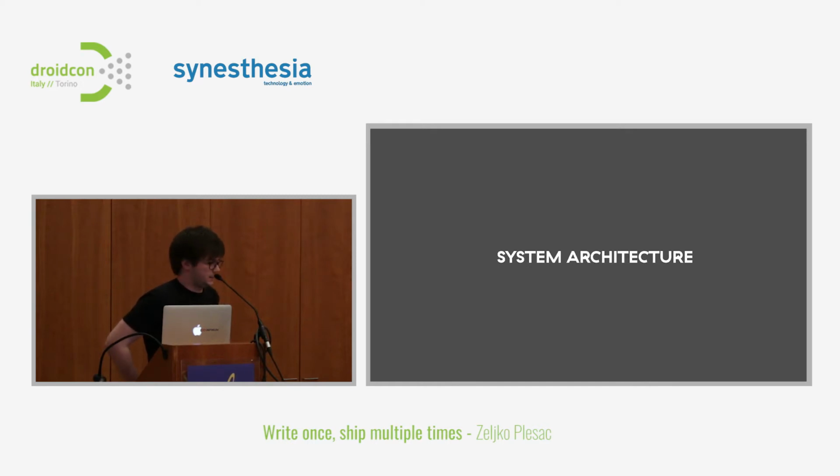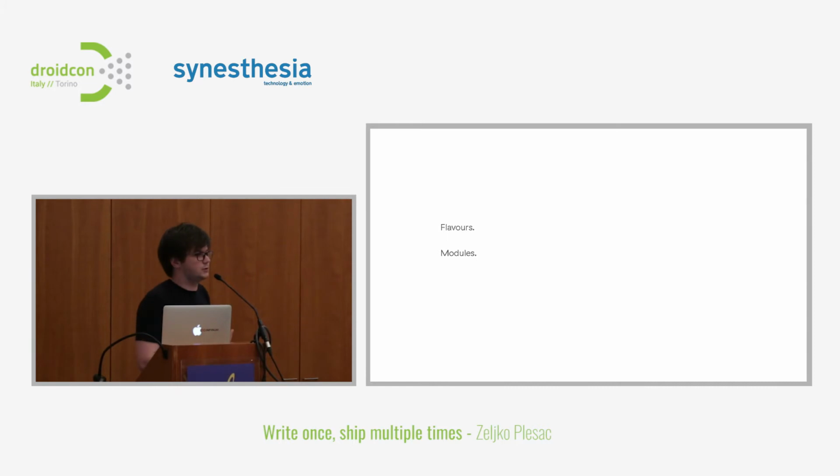OK, let's talk at first about system architecture. In Android, we basically have two kinds of architectures when we develop applications. We can either use flavors or modules. The same is also true for white label systems, but you have to choose between those two architectures based on the level of customization which you will offer to your customers.